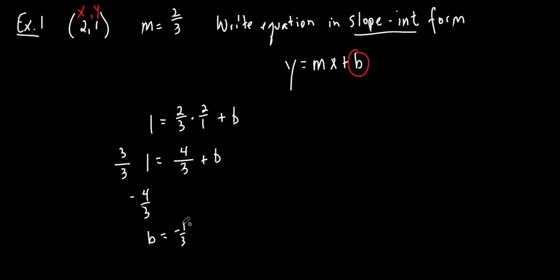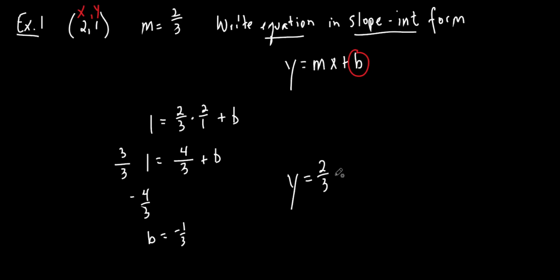Now we put it all together because they want you to write an equation in this form right here. So we just write the x as an x and the y as a y. Okay, we replace the m and the b. So I just write this y equals m. What's the m? Yeah, that was easy. I already told you at the beginning.